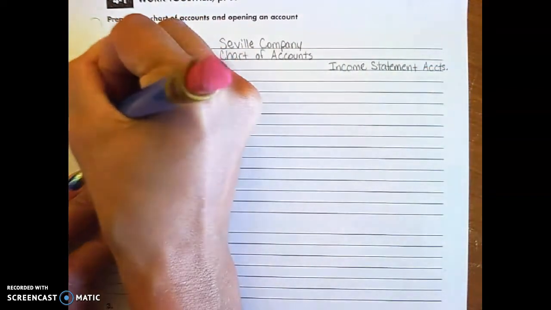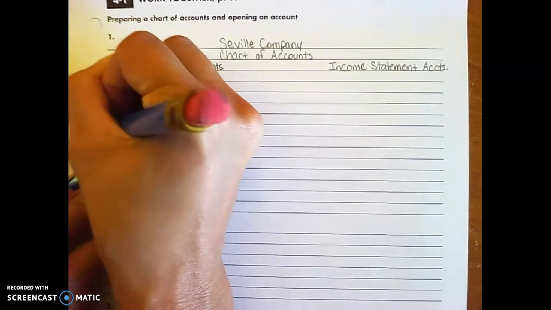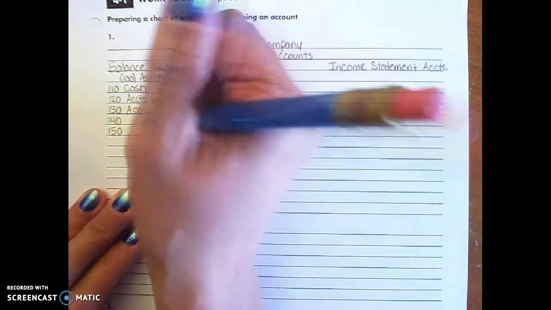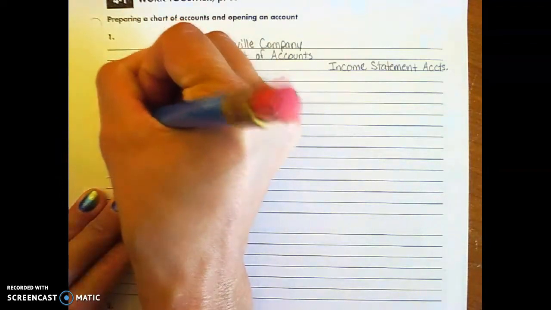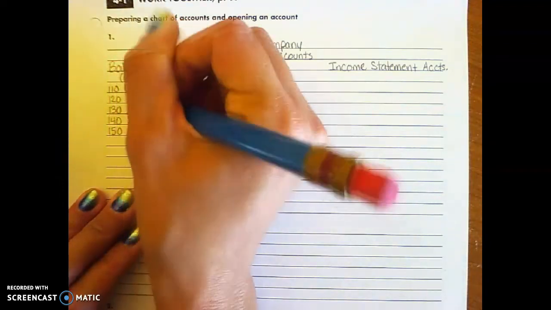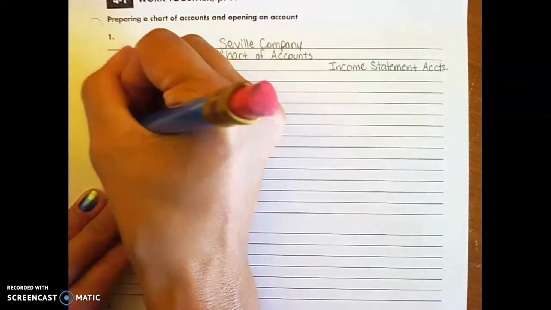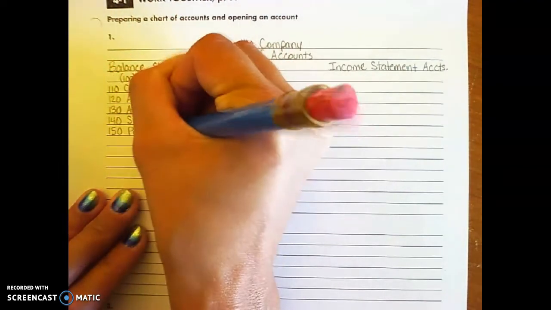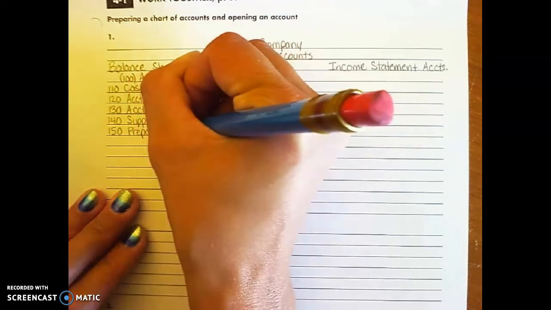After that, we have 2 more different assets. We have supplies and prepaid insurance. We will list supplies next because we could quickly turn that into money if we were to sell it. And our last one will be prepaid insurance. If we were to cancel our insurance, we would get some money back.